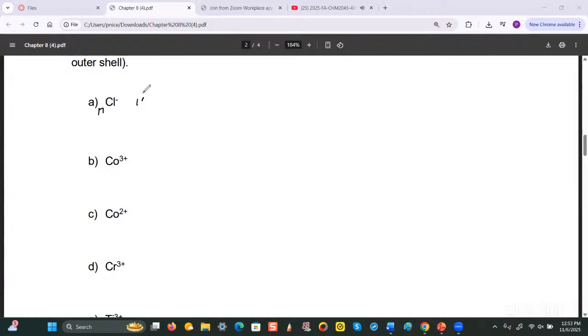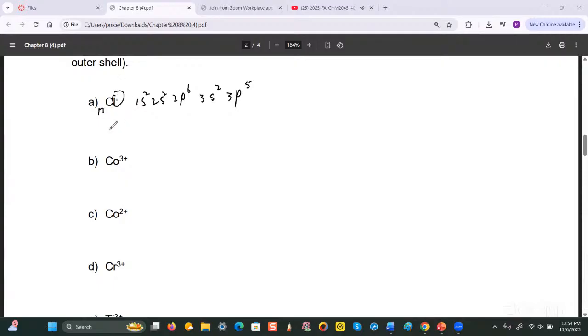So it's 1s2, 2s2, 2p6, 3s2, and 3p5. So that's the electronic configuration of the chlorine atom.